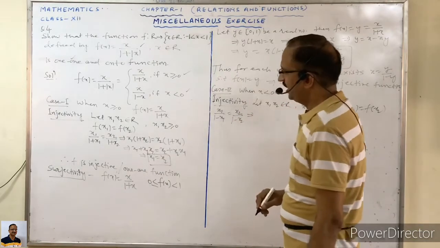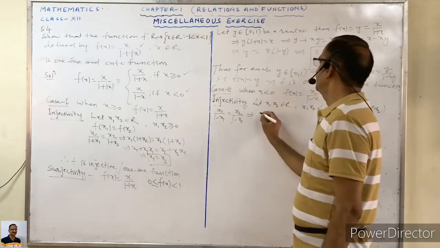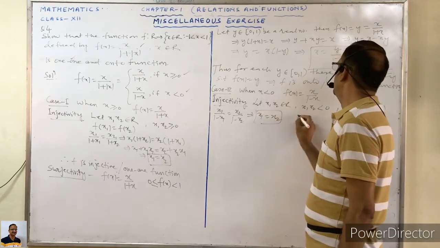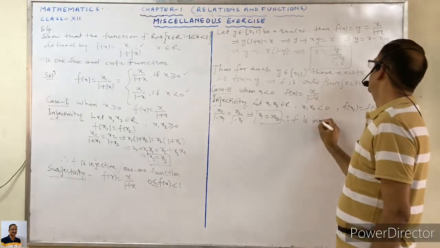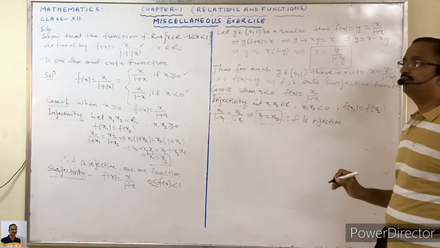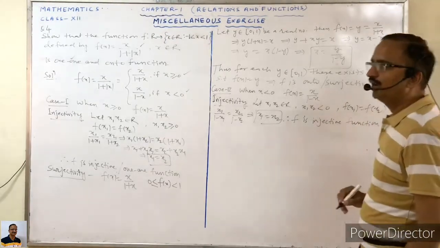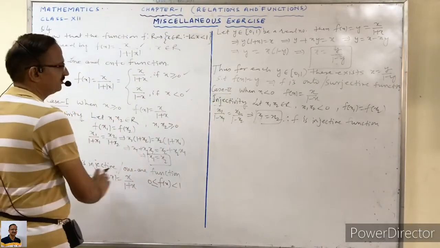In the same way as we have done in case 1, we will get x1 equal to x2. So we can say that therefore f is injective, or you can say a one-one function. Now check the surjectivity.